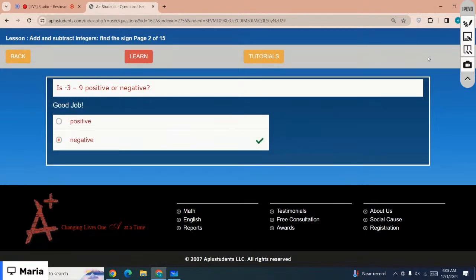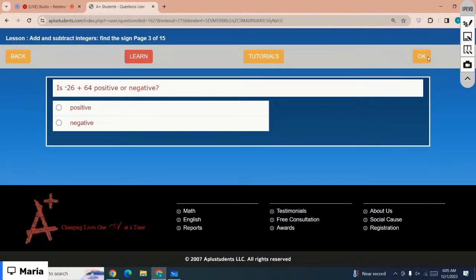Very good. Okay, the next one is negative 26 plus 64, positive or negative? One of the numbers is positive, right? And the greater one is positive, right? That means the answer must be positive. The correct option is positive. Very good.